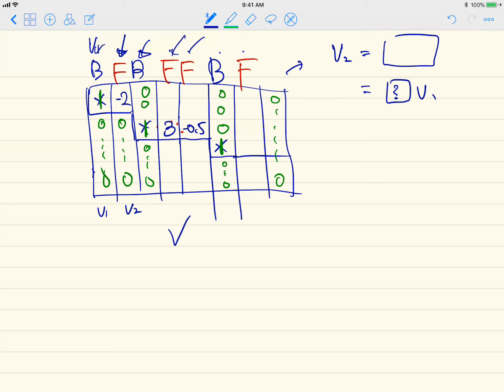And then from this reduced echelon form, let's try to find this kind of solution. Okay, so let's set this value as c. And then let's move this guy into the left hand side.